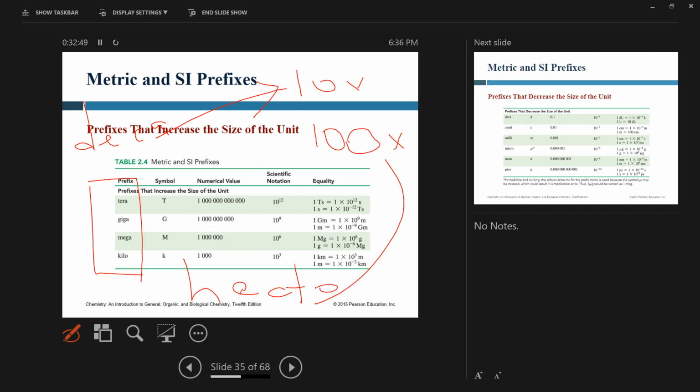So say 100 liters would be called hectoliters. 10 liters would be called a decaliter. Does this idea make sense?